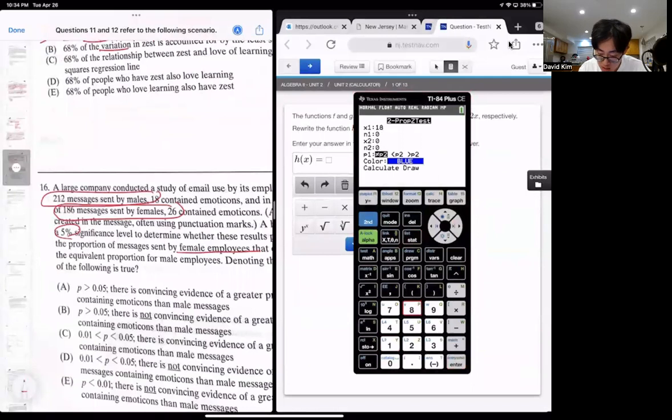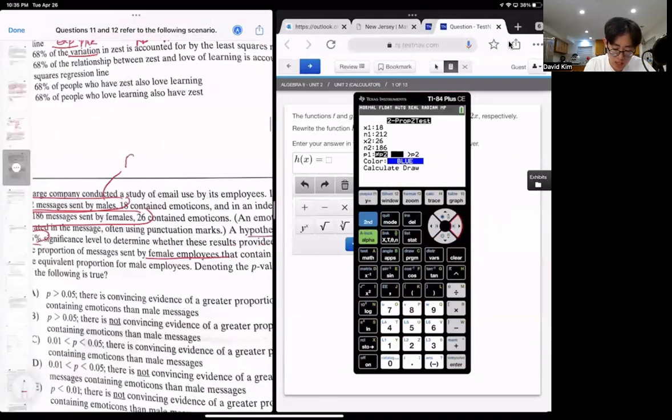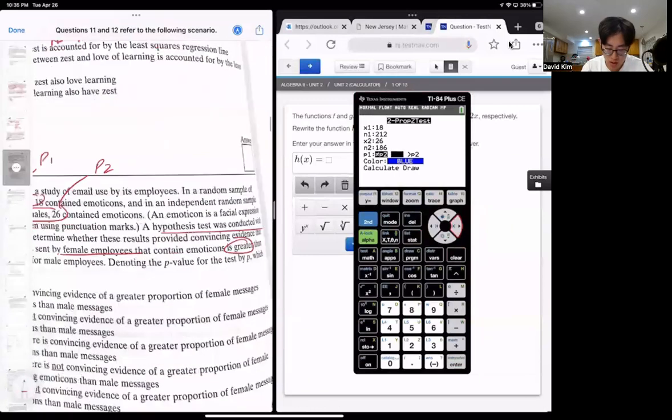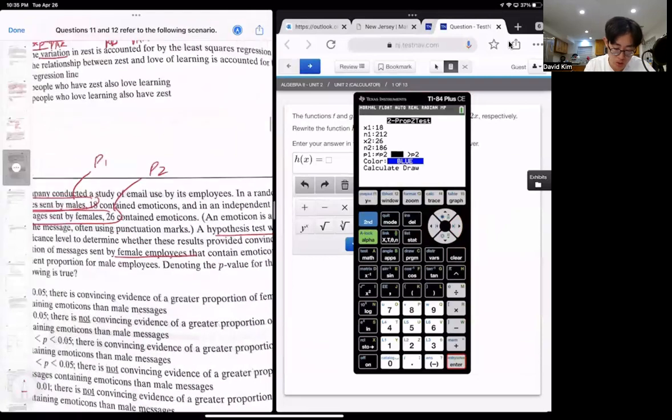For the first one, males had 200 out of 212 with the emoticon, and 26 out of 186. Now you've got to be careful: P1 being male, P2 being female. You want to conduct a study where female is greater than, so you want to have female, P2, to be greater. And then we are just simply going to calculate.